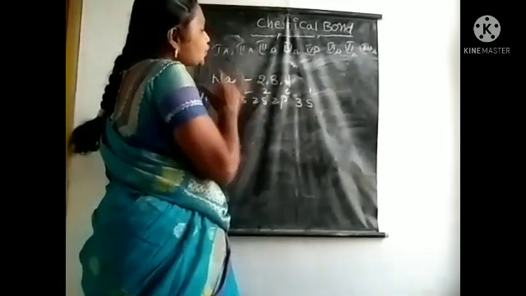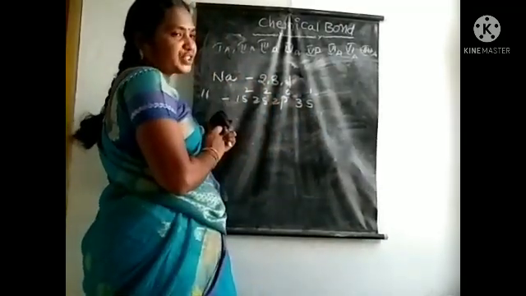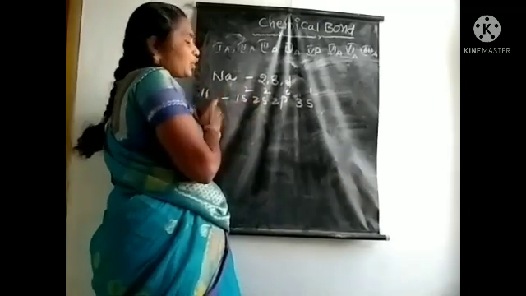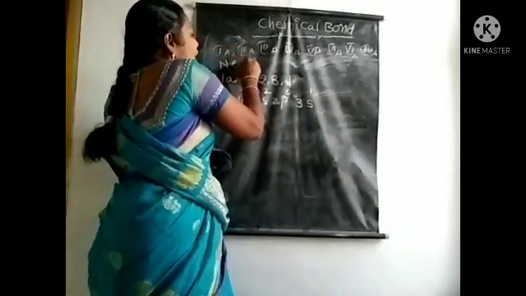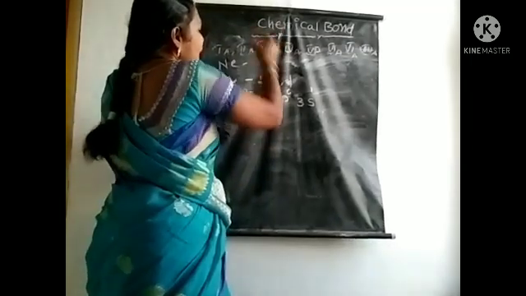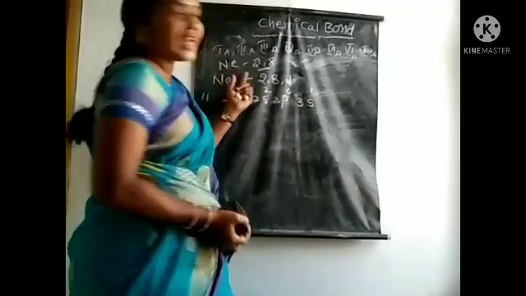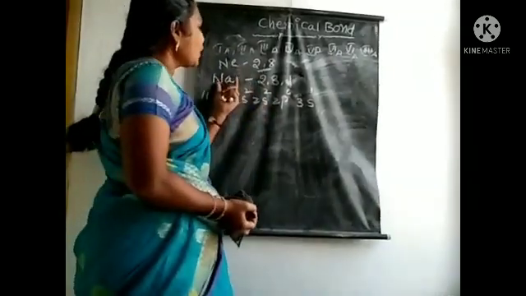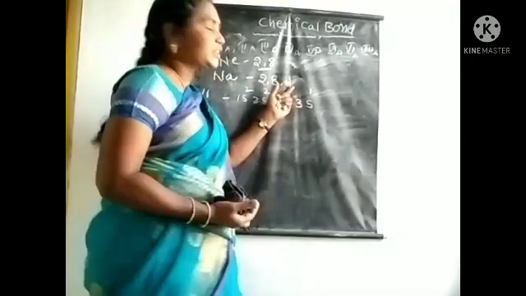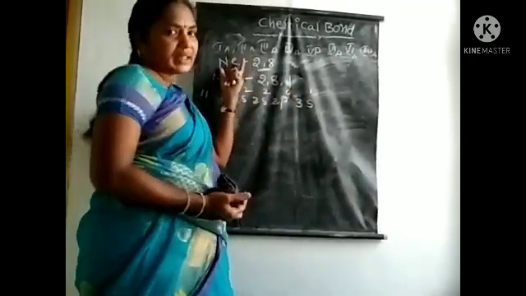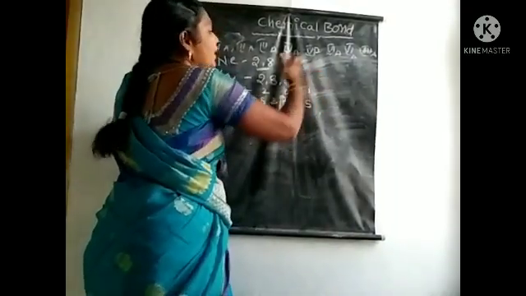Here, sodium tries to attain the nearest inert gas configuration. The nearest inert gas to sodium is neon, whose electronic configuration is 2, 8. To attain the neon electronic configuration, sodium is ready to lose one electron. That is why sodium loses one electron easily.